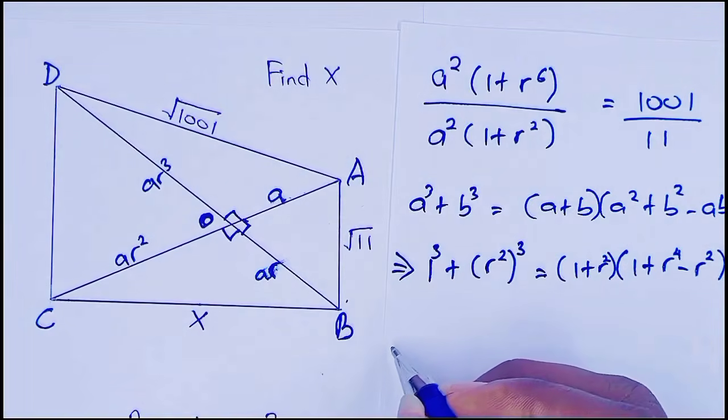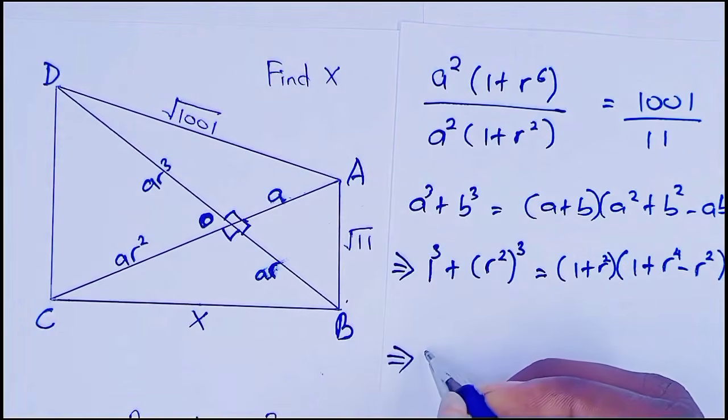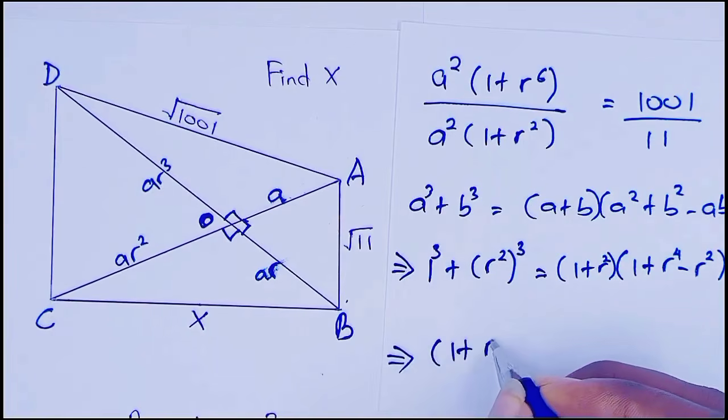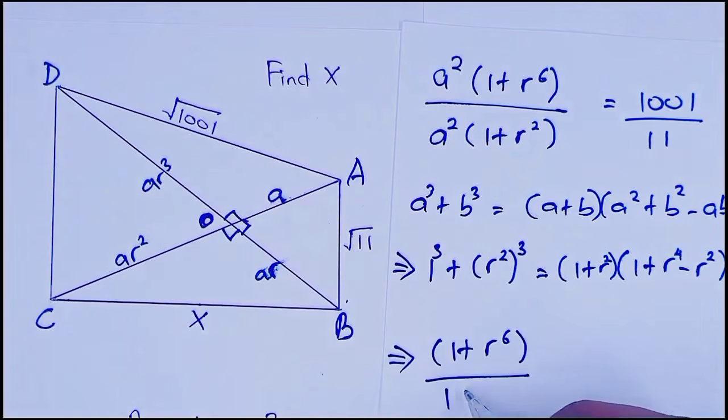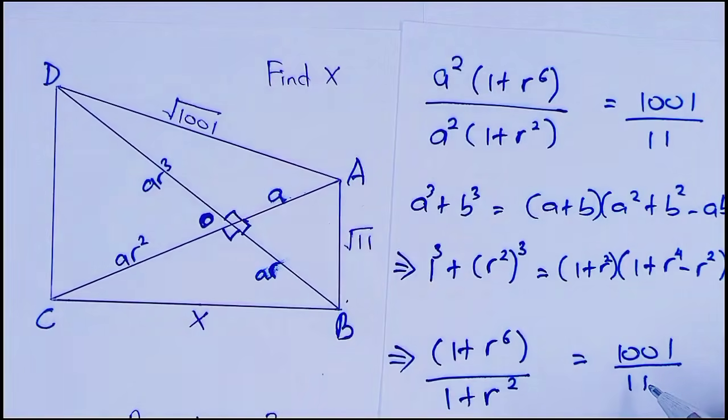So now this implies that 1 plus R power 6 divided by 1 plus R squared is equal to 1001 divided by 11.